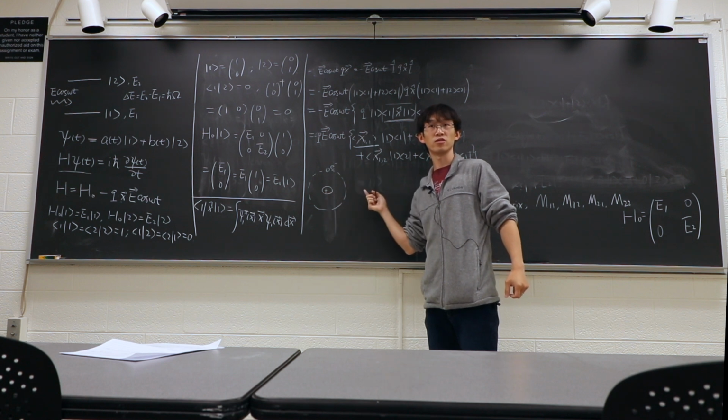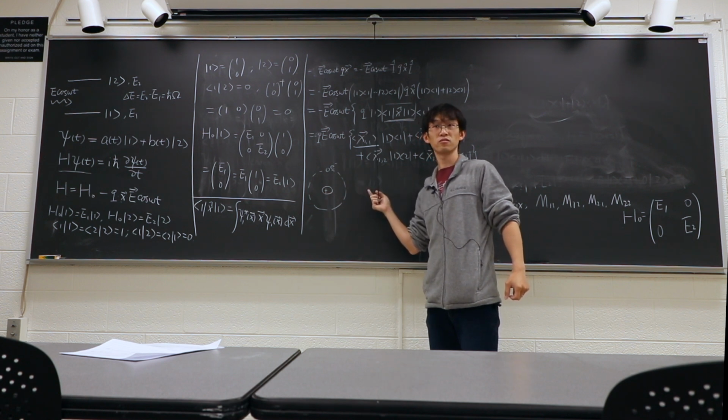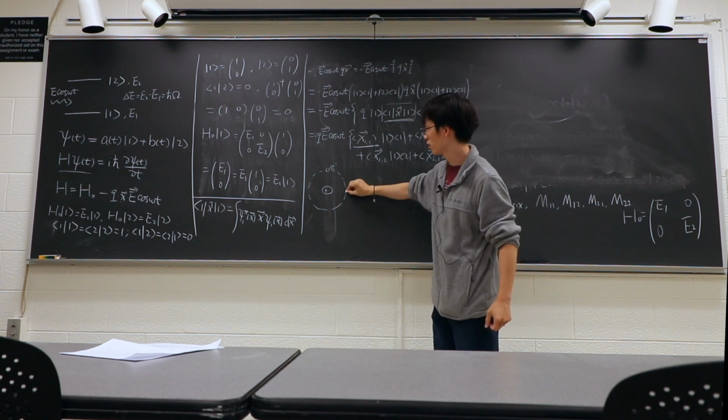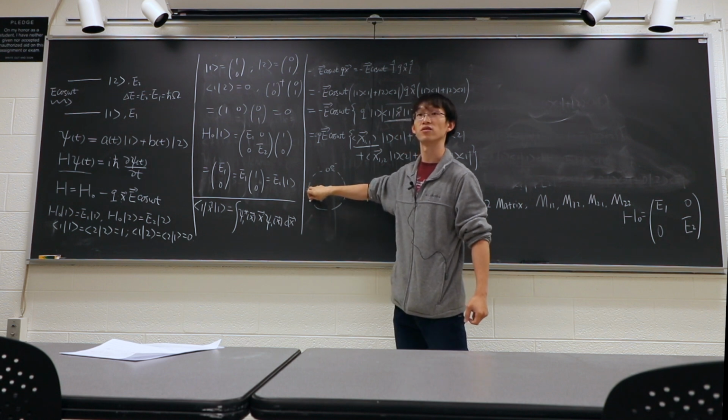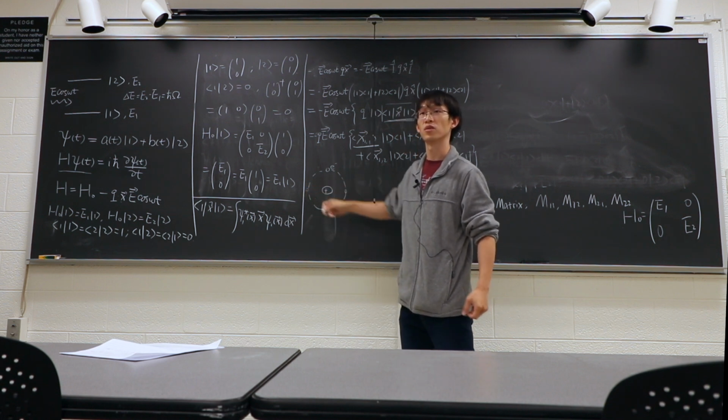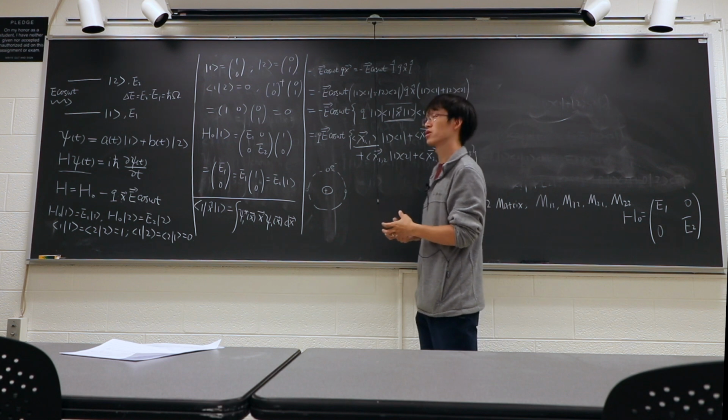The average value is 0. Does it make sense? Right? The probability of finding it on the plus side is the same as finding it on the left side, minus sign, because it's spherical symmetry.